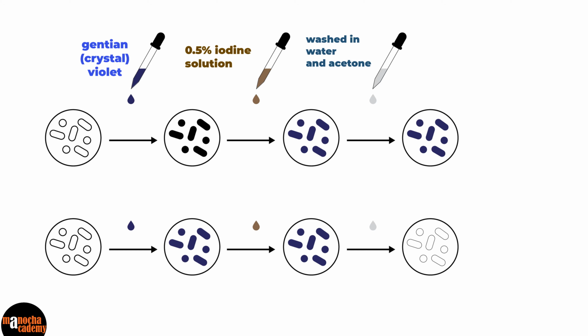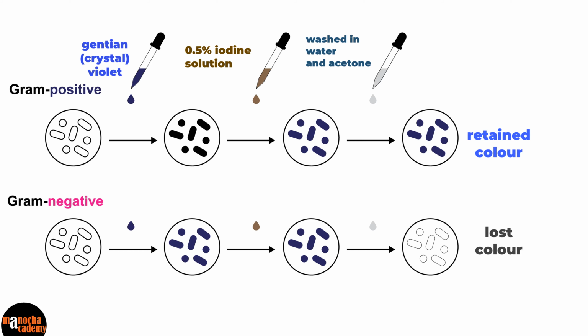Some of the bacterial cells completely lose the blue color once they are washed in water and acetone, and some of the bacterial cells retain that blue color even after being washed by water and acetone. Those cells which retain the color, they are known as gram-positive bacteria, and those cells which lose the blue color are known as gram-negative bacteria.